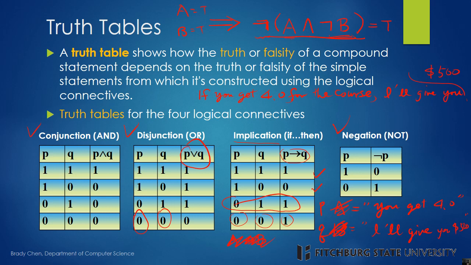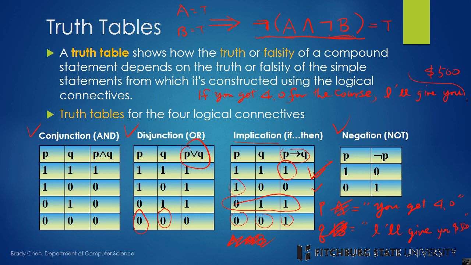If P, you get 4.0, is true, and Q, I will give you $500, is true, so both P and Q are true, then of course this statement is true, right? If you get 4.0, I give you $500. Everyone's happy. So P is true, Q is true, and P implies Q is true. No question about this.